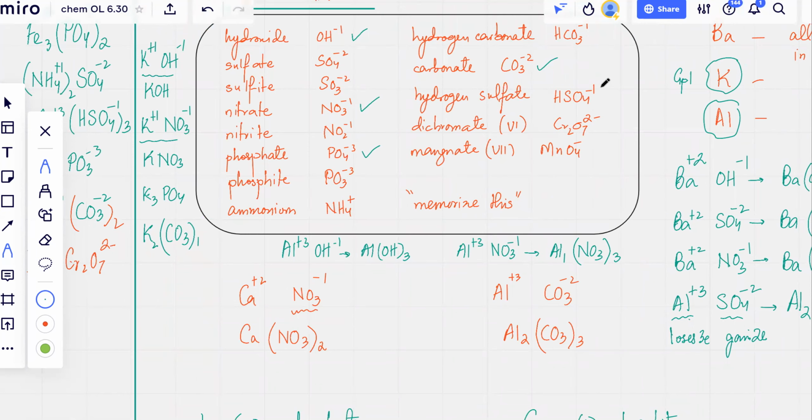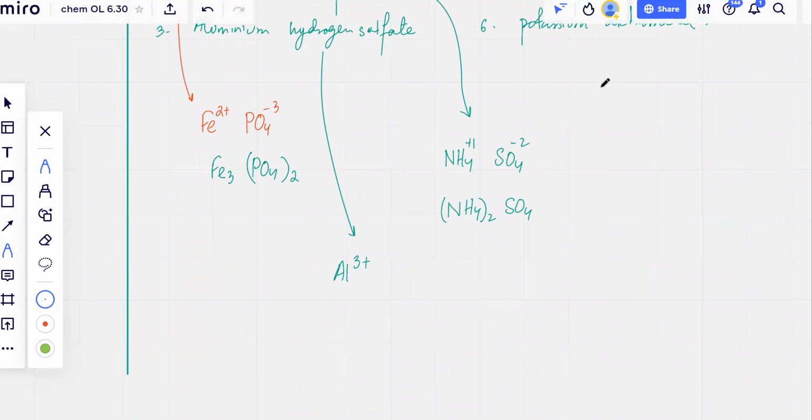So that's HSO4 minus 1. So what is the formula? Al, then in brackets HSO4, and outside the bracket 3. Okay, so it's going to be bracket 3.